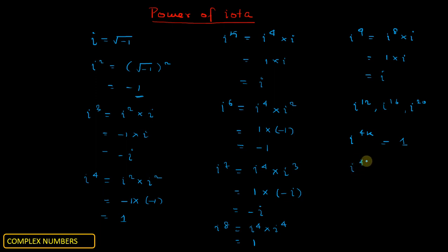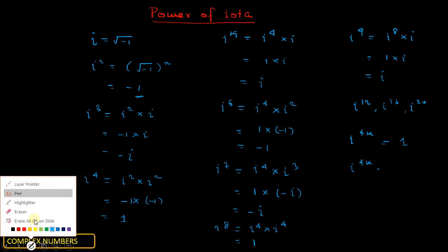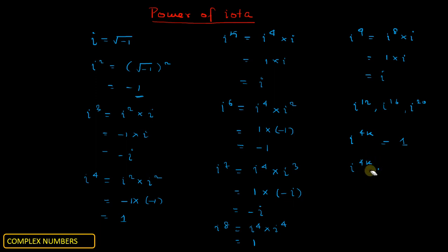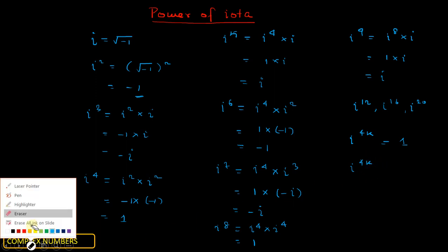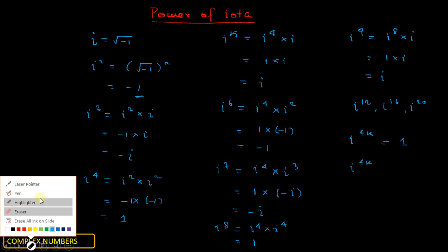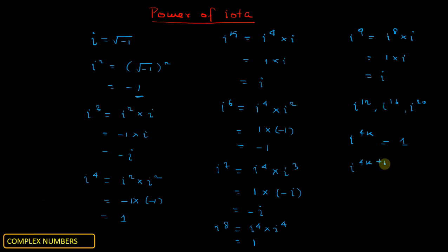Suppose we have iota raised to 4k plus 1. When we divide power by 4 and it leaves the remainder 1, in that case how to write? We can write it as iota raised to 4k multiplied by iota raised to 1, which is equal to iota raised to 4k is 1 multiplied by iota, so we have iota.